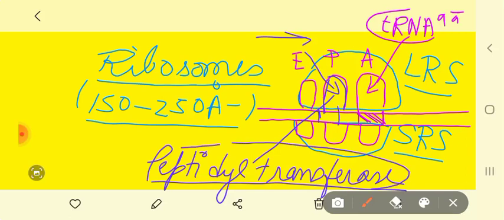What about the E site? The E site is called the exit site. This site is used for removing the uncharged tRNA from the ribosome.